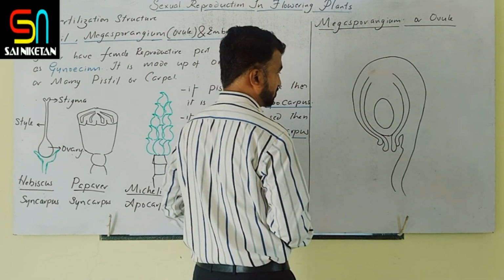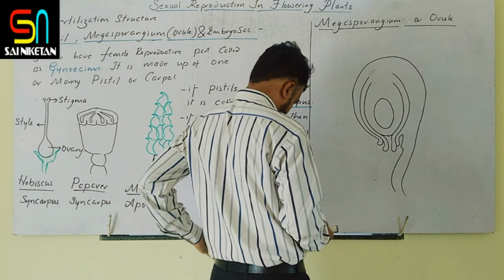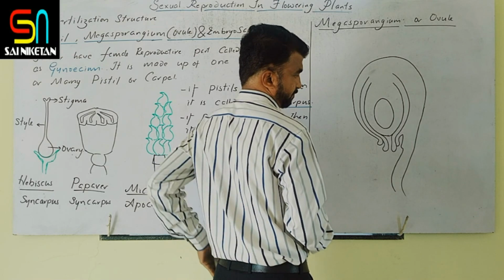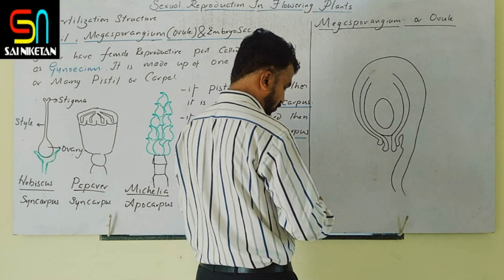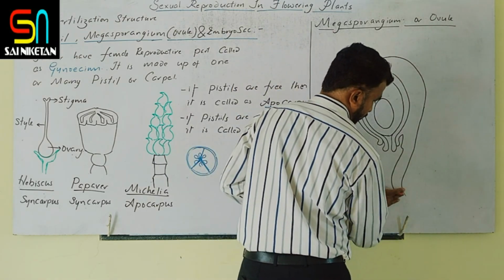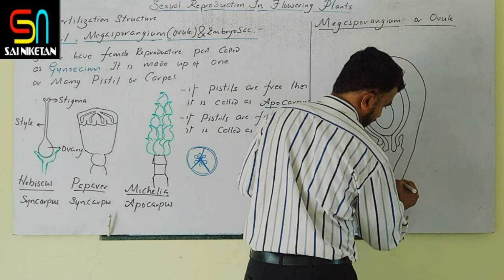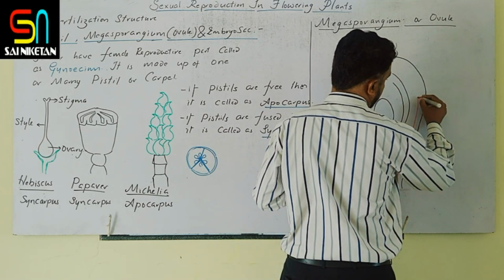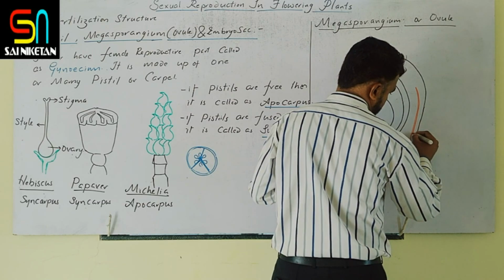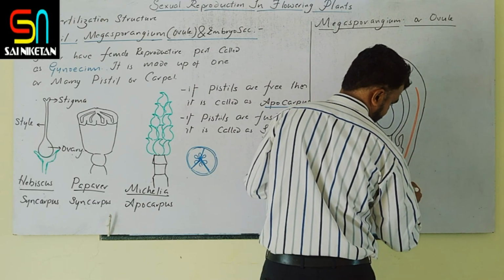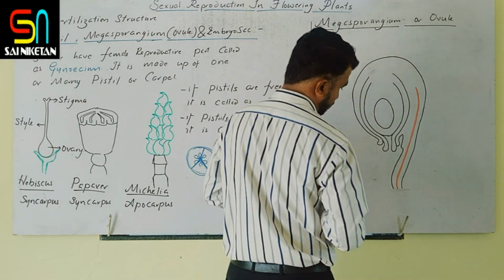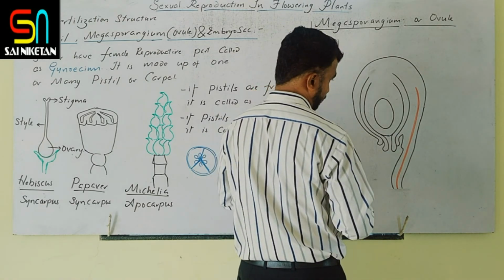So this is the simple figure of an anatropous ovule. What anatropous means, what ovule means, everything we are going to cover, but this is a very important figure from the exam point of view. You should learn the figure, it is easy. Just try to rewind that video and see how I draw.